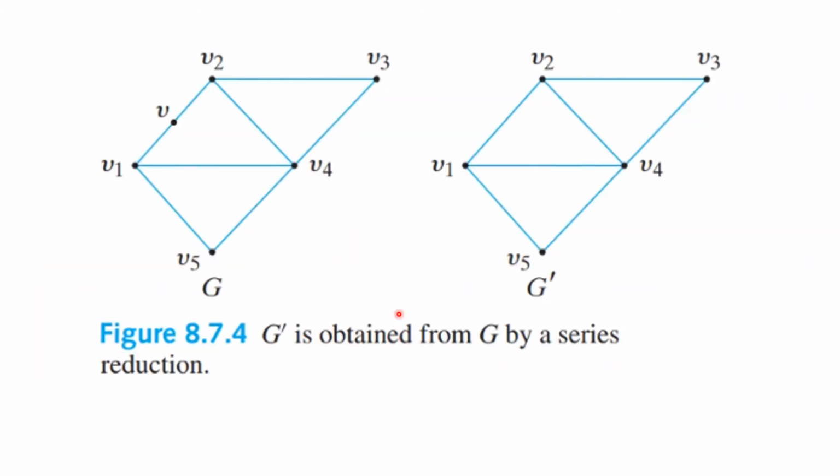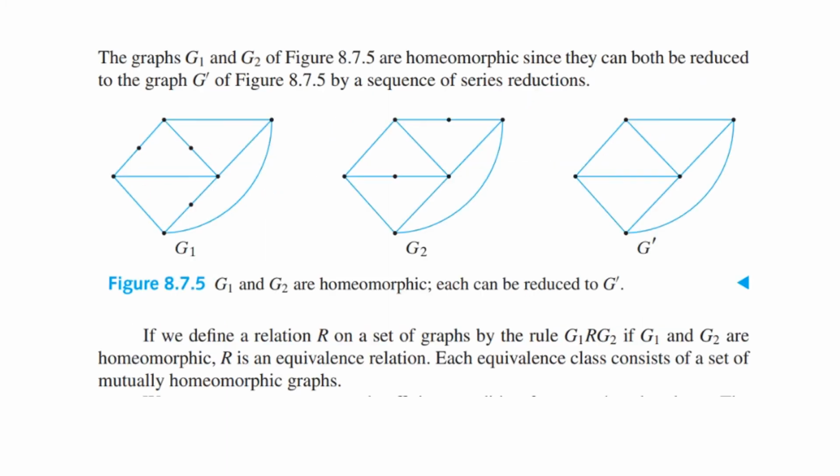Okay, so here you can see that these three vertices are in series, so if we remove it, we get G prime. So G prime is obtained from G by the series reduction. Here's another example.